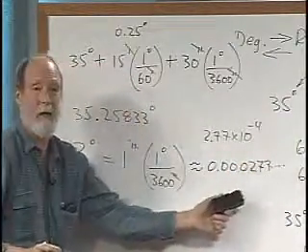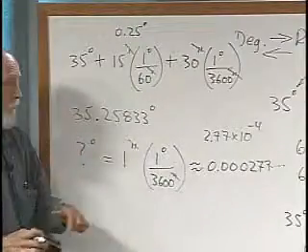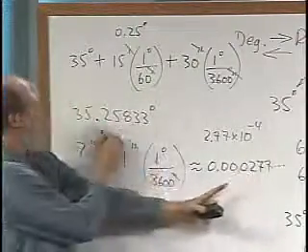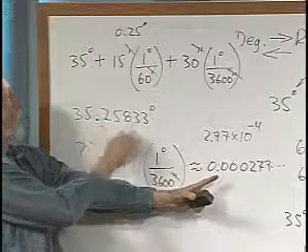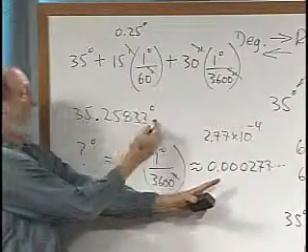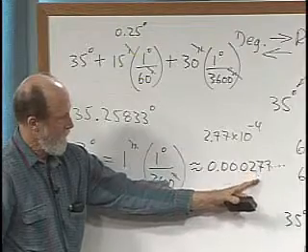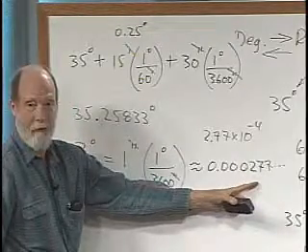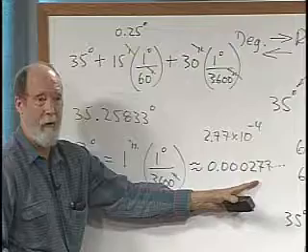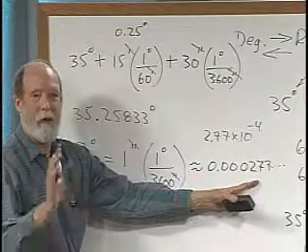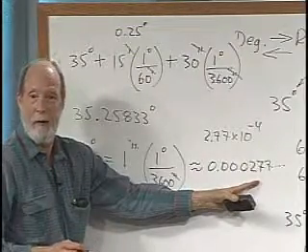Like that, right? So look at what this is telling us. If we write down an angle such as this one up here, 35.25833, how far do we have to go? If we round it off around the 4th decimal place, we're going to be carrying the accuracy good enough for surveying or astronomy work.